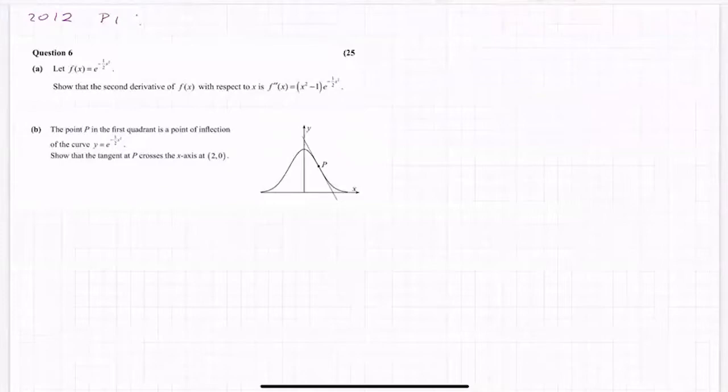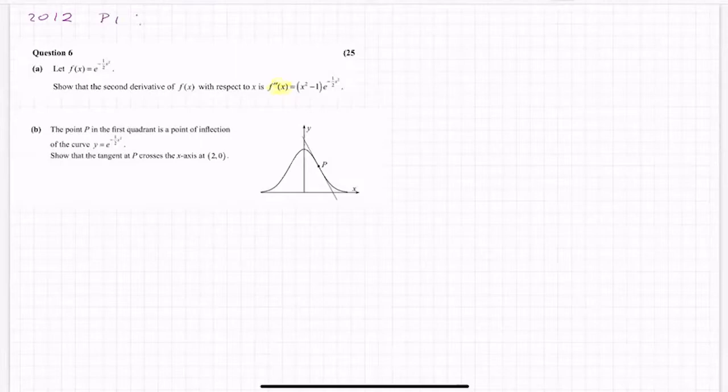Okay, so the first thing is if we're going to get f double dash of x, then we need to find f dash x first, because this is the second derivative, so we have to get the first derivative first.